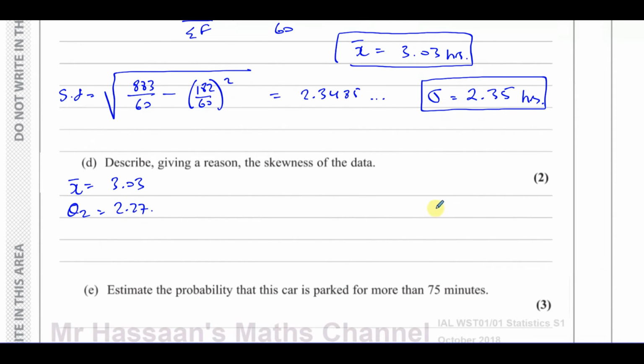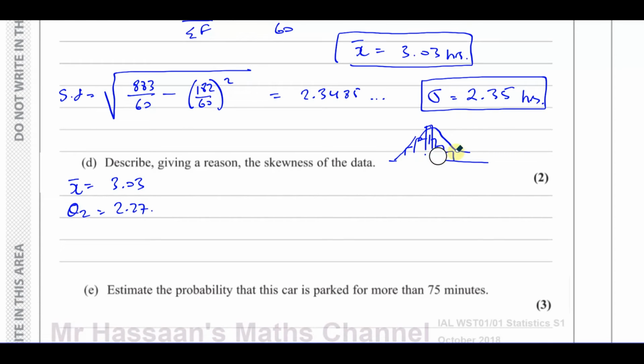Now the skewness of the data is basically this: when the data is completely symmetrical, the frequency table will look something like this, a symmetrical, bell shape, and the mean, mode, and median will be around the same value. Then you have something called positive skew.